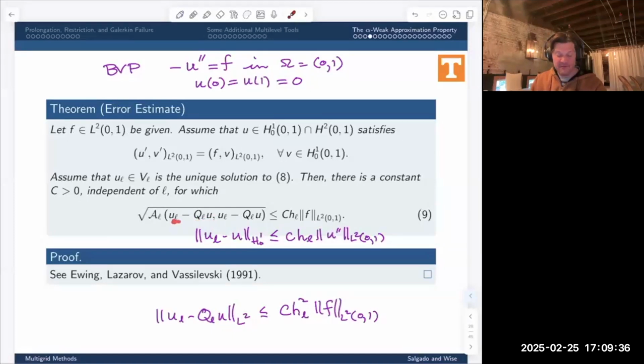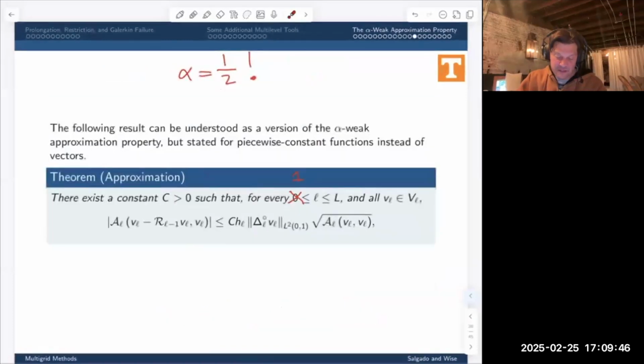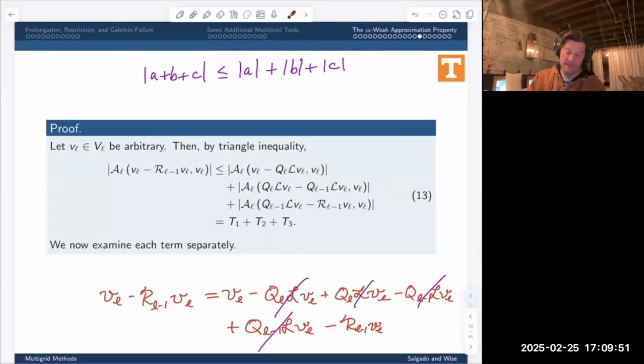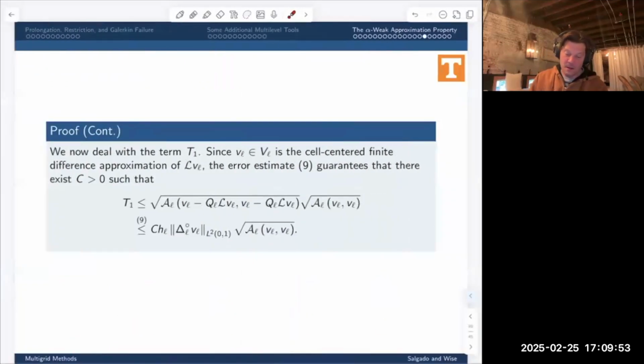And then this is going to be the finite dimensional approximation of that object. So we've done a little bit of a sleight of hand here.